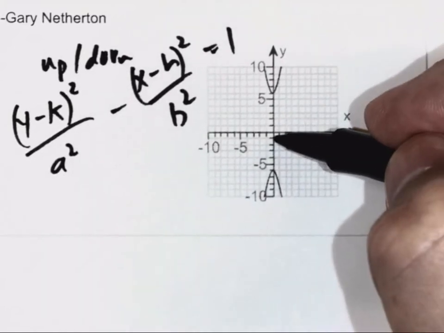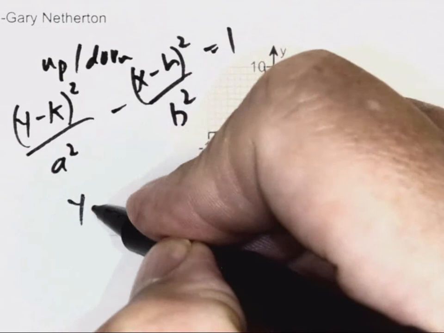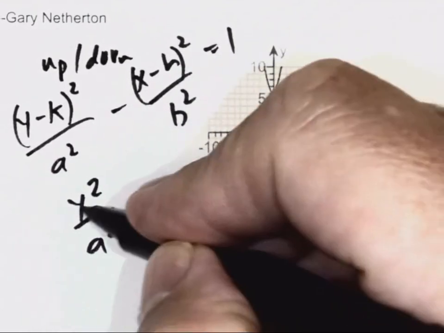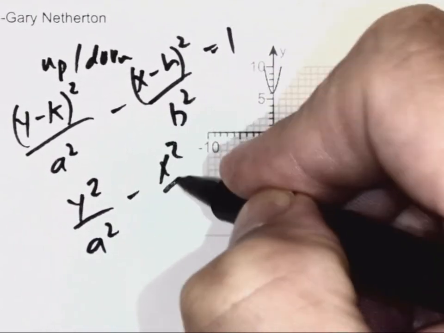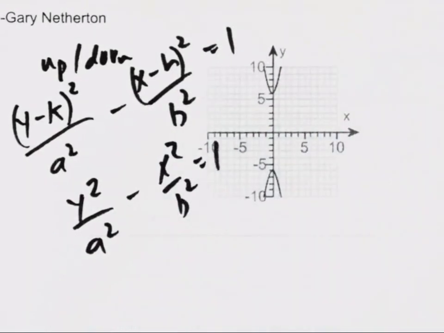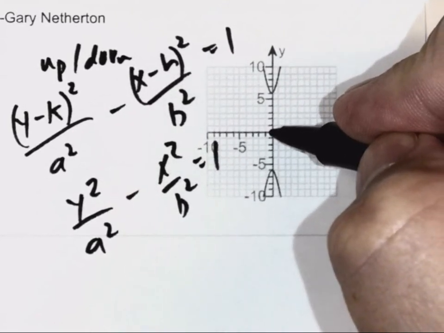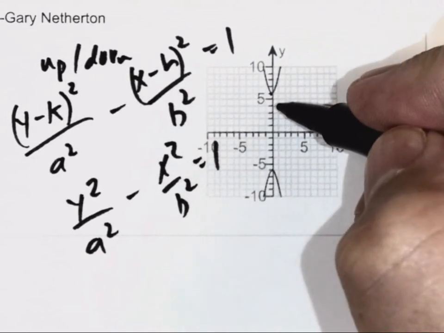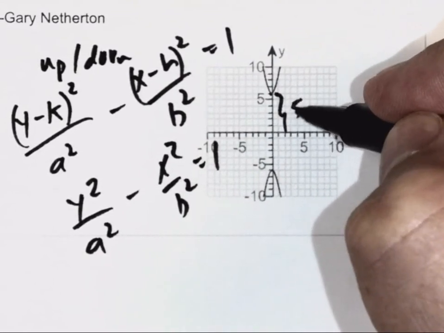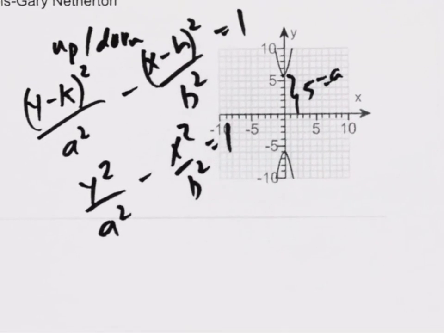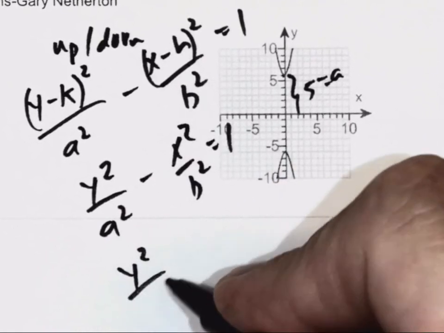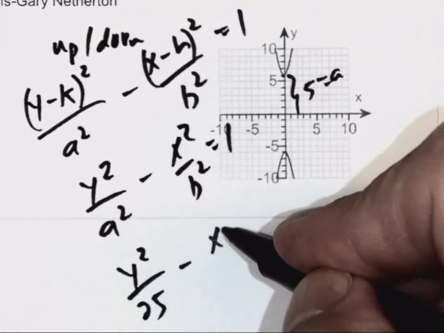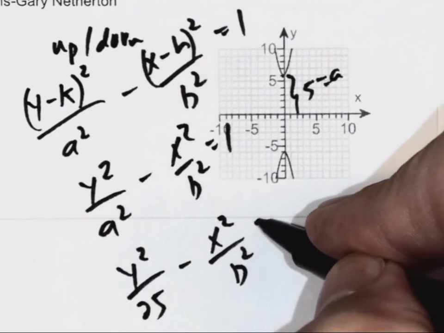Now I know the center is 0, 0, so therefore now my equation becomes y squared over a squared minus x squared over b squared equals 1. And I know the distance from the center to the edge of the hyperbola, either direction, is going to be my a. Looks like it's 5. So I know y squared over 25 minus x squared over b squared equals 1.